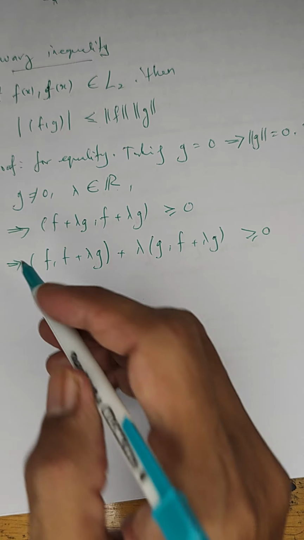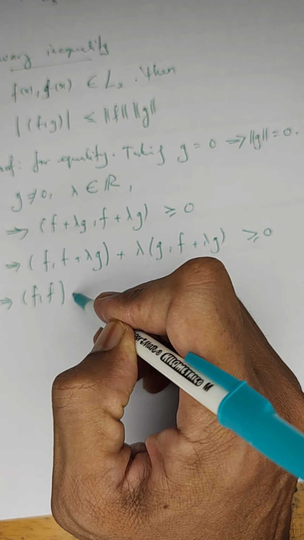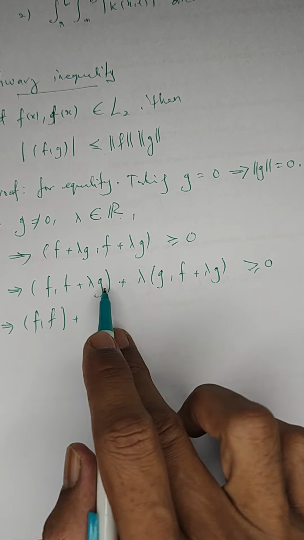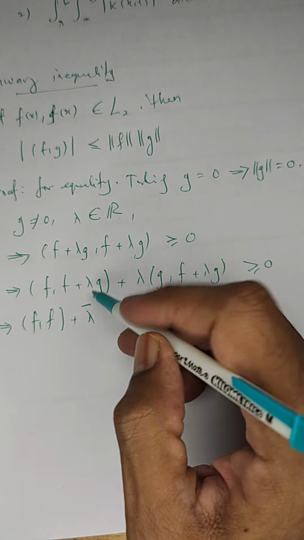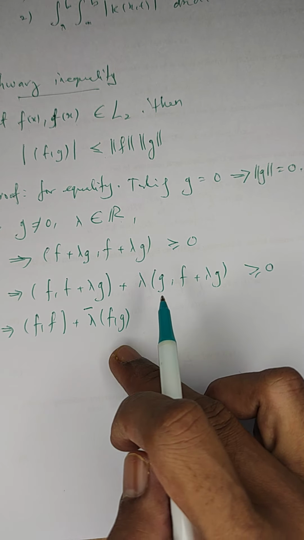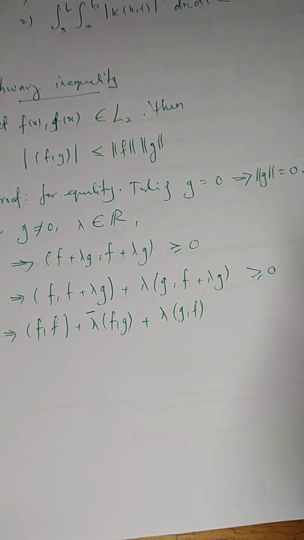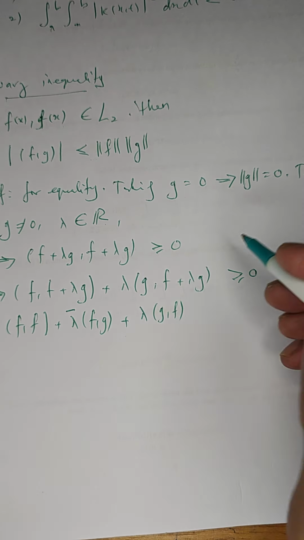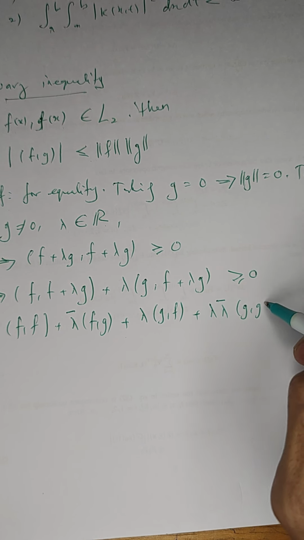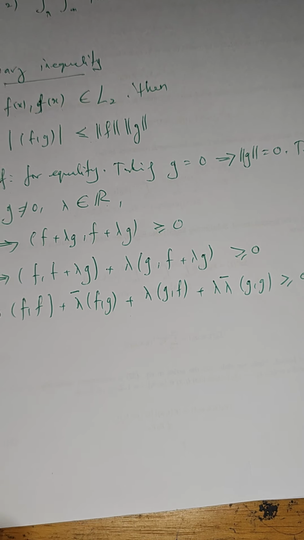Okay, and then you split again. We have here ff, plus lambda bar times fg, plus lambda gf, then lambda lambda bar gg.